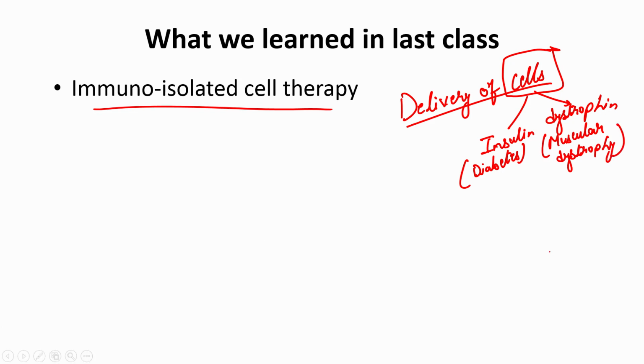These are the two major applications here, but you can potentially look at any disease that requires some protein as intervention, and you can then deliver cells that are producing those proteins. So, that is what we will discuss.